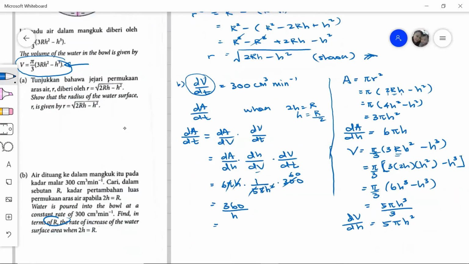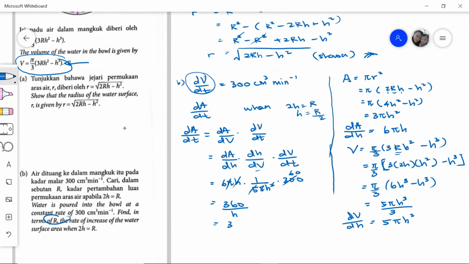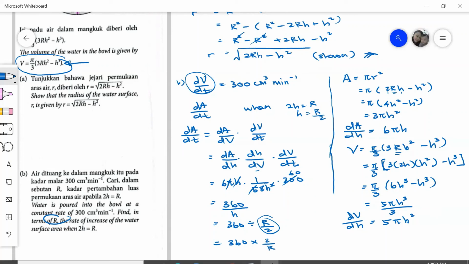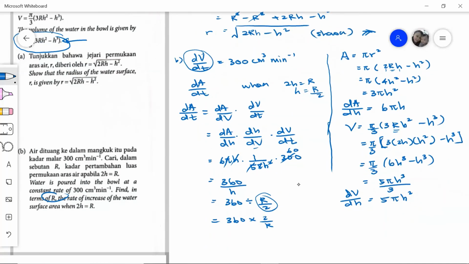So 360 divided by r over 2, we can write like this. Because I see fraction in fraction, so I write it like this, easier to calculate. So you change the divide sign to multiply, and the fraction after that we write in its reciprocal, so 2 over r. So the answer for part B in this question will be 720 over r cm squared per minute. That's it for this question.